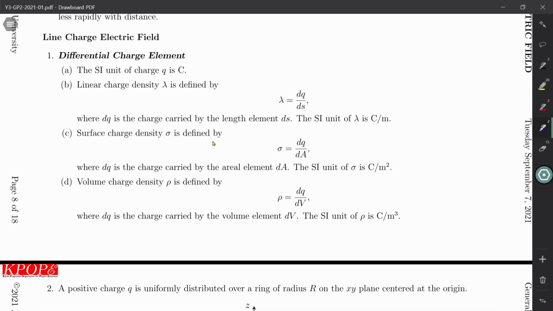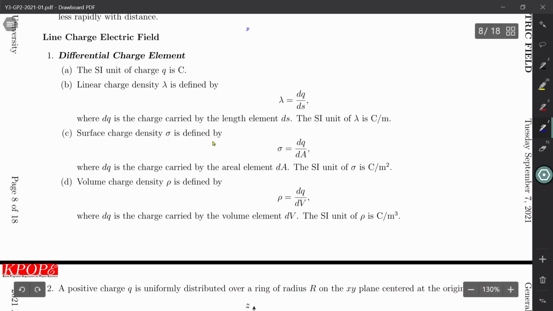Okay, let's carry out some further application of computing electric field. We first consider distribution of charges.